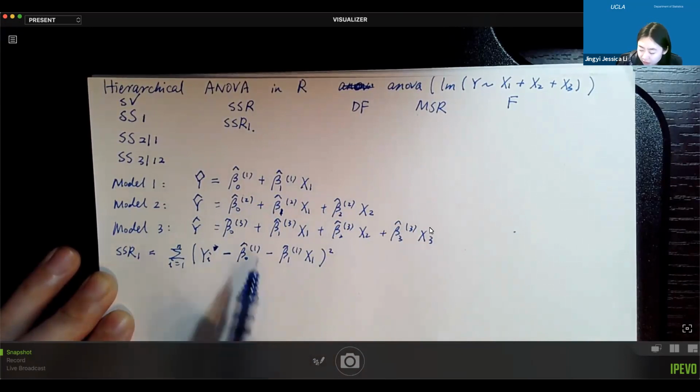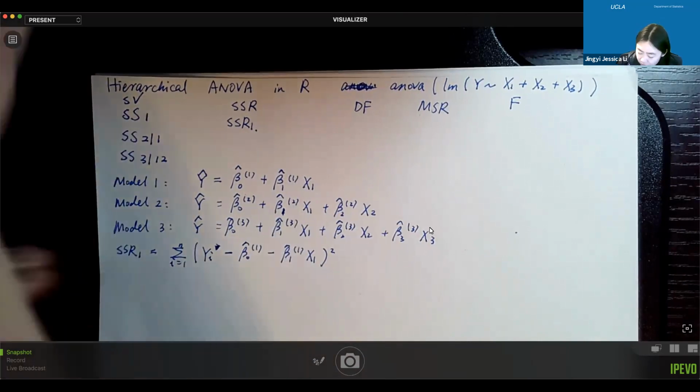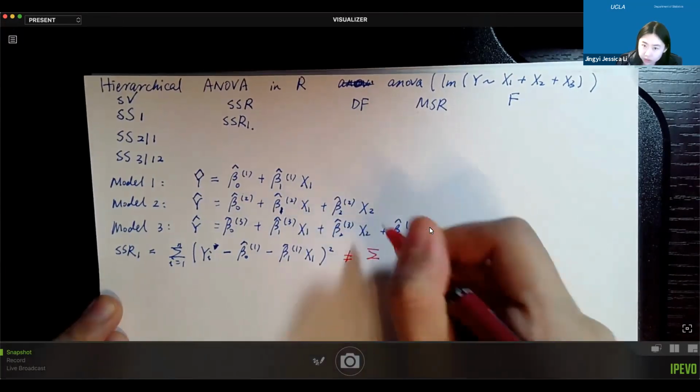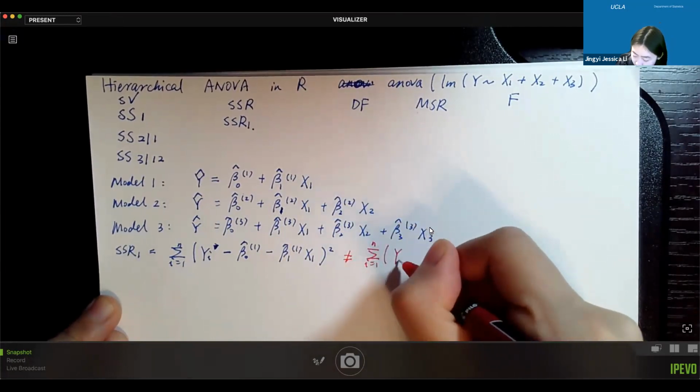So please note that you're not going to use beta 1 hat 2 or beta 1 hat 3. You're not going to use model 2 or model 3, even though you are doing this hierarchical ANOVA. So let me just write it here.